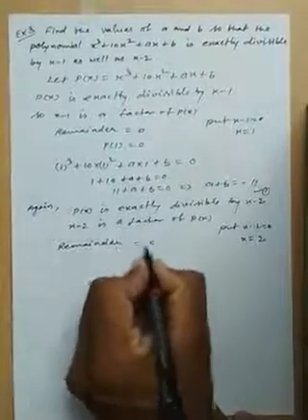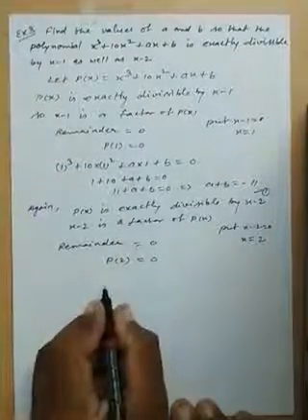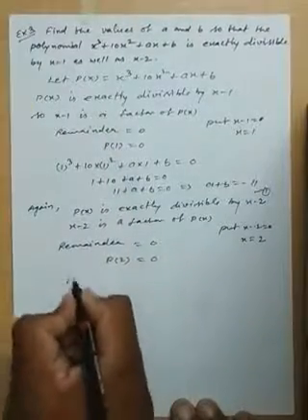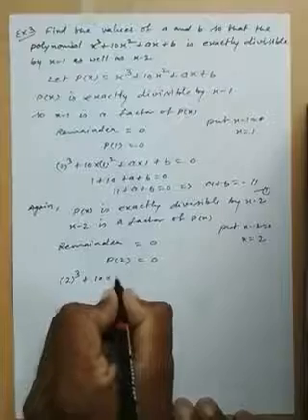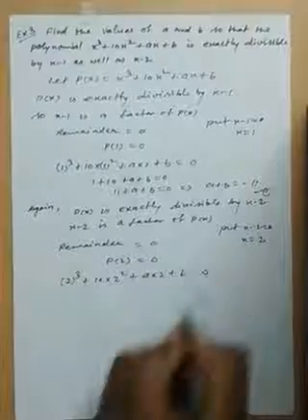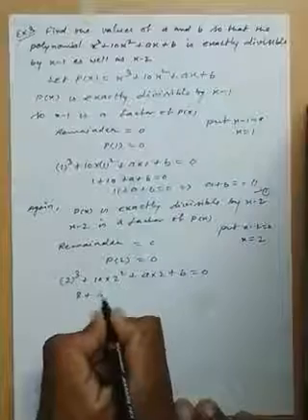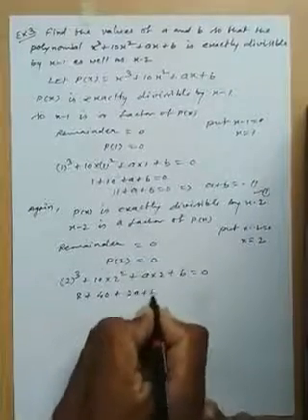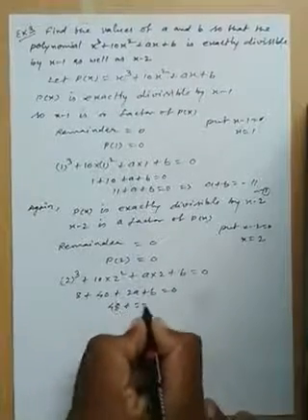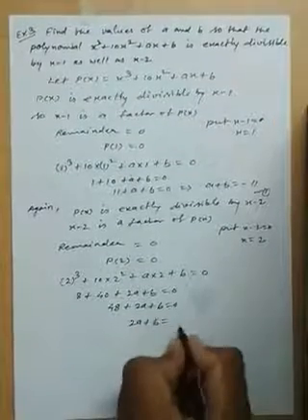Here remainder should be 0, and which is p2. For finding the value of p2, put x equal to 2 in px. So 2 cube plus 10 into 2 square plus a into 2. 2 cube is 8, 2 square 4, 4 into 10 is 40 plus 2a plus b, and 40 plus 8 is 48 plus 2a plus b, and 2a plus b equal to minus 48.